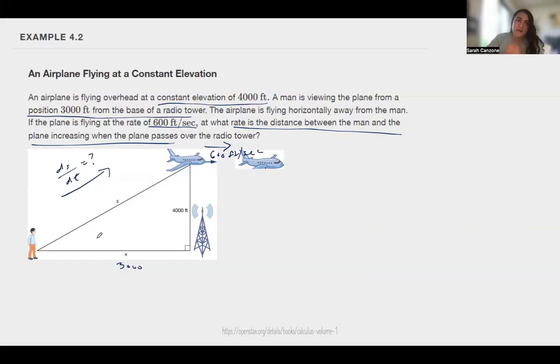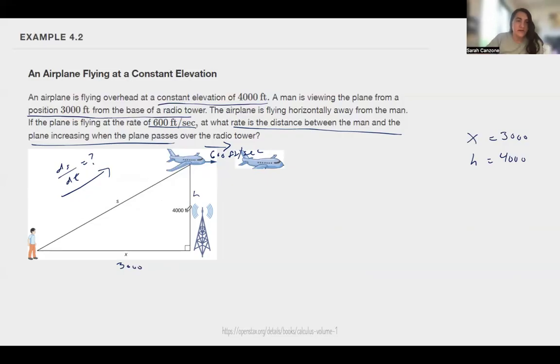So the first thing is I'm going to go ahead and write down everything that we know off to the side. So if we call this X down here, the base of our triangle, X is 3,000. I can call this H. H is 4,000.